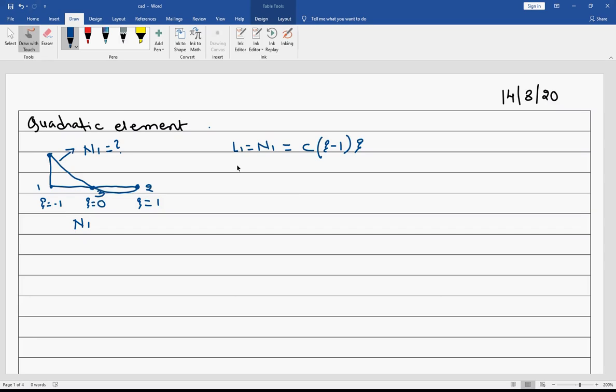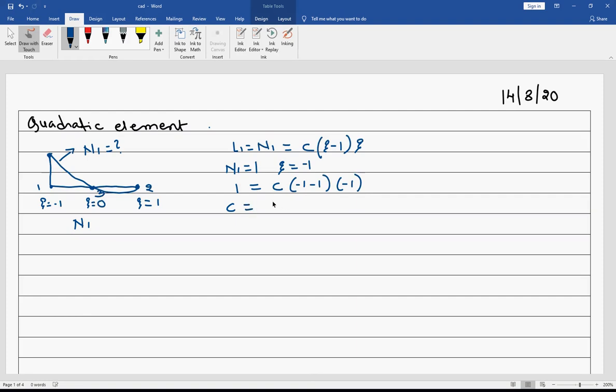Now I am also aware that N1 is always equal to 1 at xi equal to minus 1, because that is the location. So let's put this value. N1 equal to 1 equals C into (minus 1 minus 1) into (value of xi, which is minus 1).